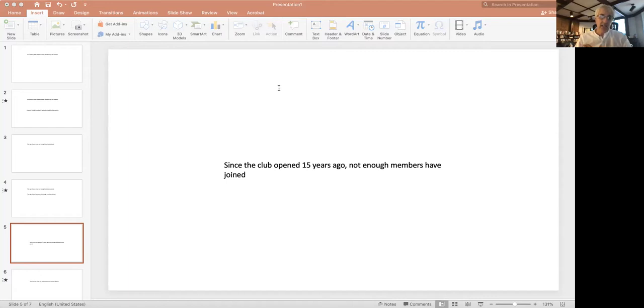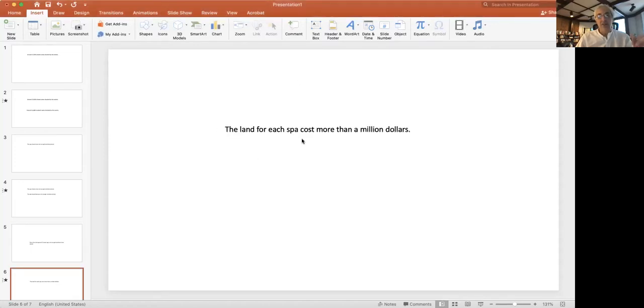We're also going to look at how to write monetary units. So for example, many of you wrote something like this: the land for each spa cost more than $1 million.